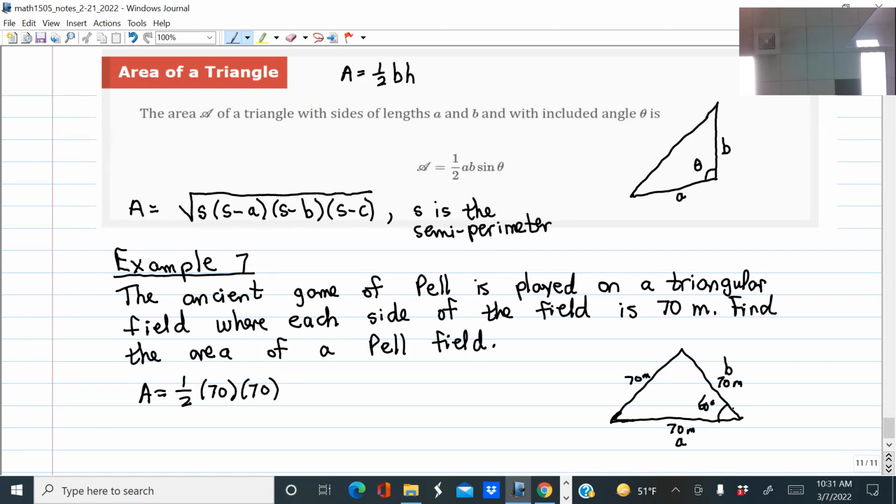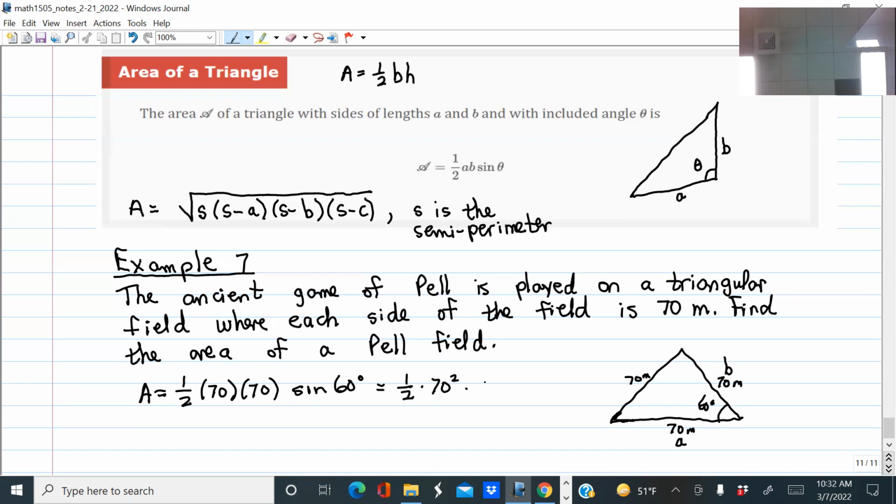It's 60 degrees because all the angles in this equilateral triangle are 60 degrees. So we have 1/2 times 70 times 70 times the sine of 60 degrees. Okay. And so now this is very easy to calculate. So we have 1/2 times 70 squared times the sine of 60 degrees.